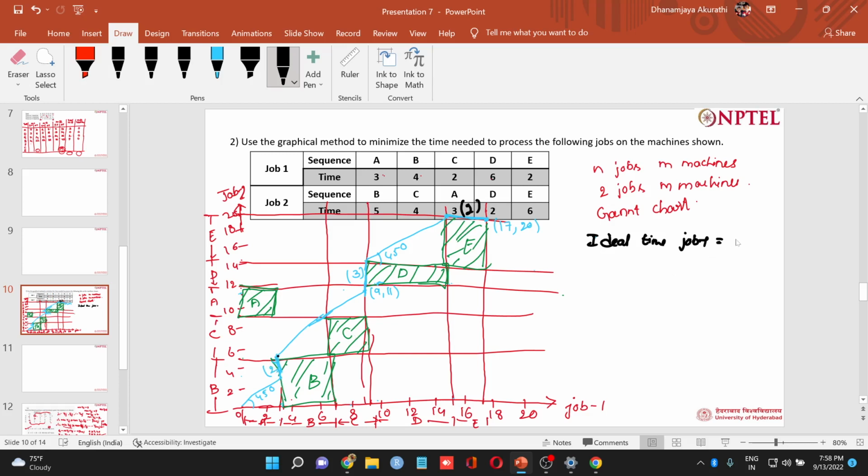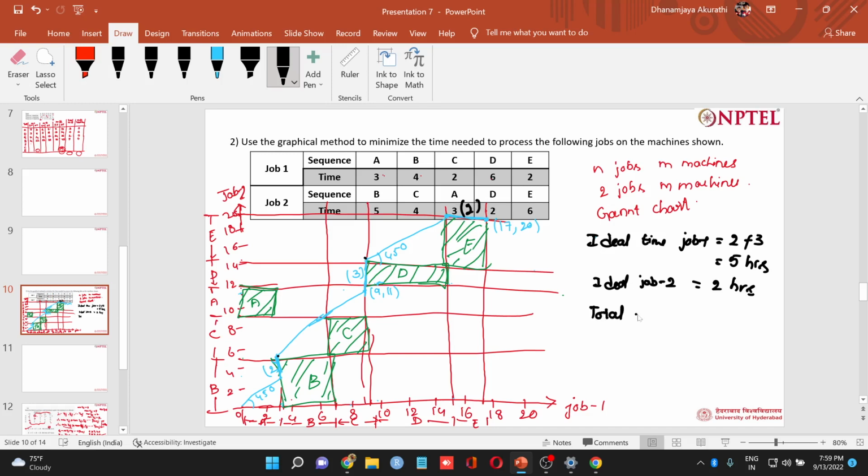So here it is 2, plus here also it is going upward, that means job 2 processing, job 1 idle, 3, and there are no more upward directions. So finally 5 hours of idle time for job 1. Going to the right side means job 2 is idle. Idle time for job 2 is here, on the right side, job 2 is idle for 2 hours.